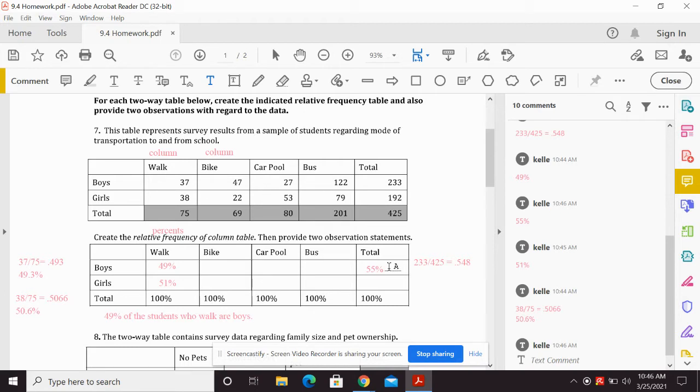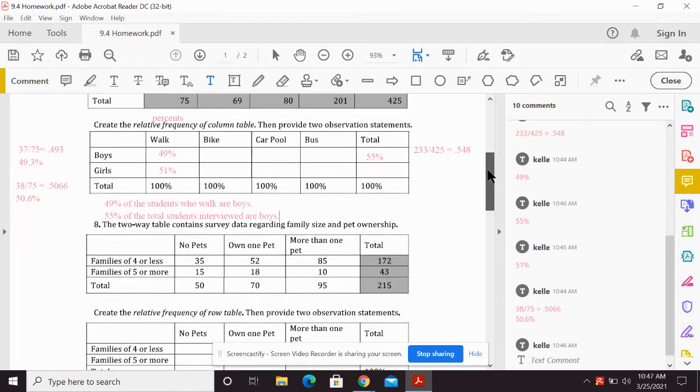And then I'll do an observation based on this, since I filled this one out. 55% of the total people interviewed are boys. So there are my 2 observations. Once you fill out the rest of these columns, you can make observations like this about any of the columns.